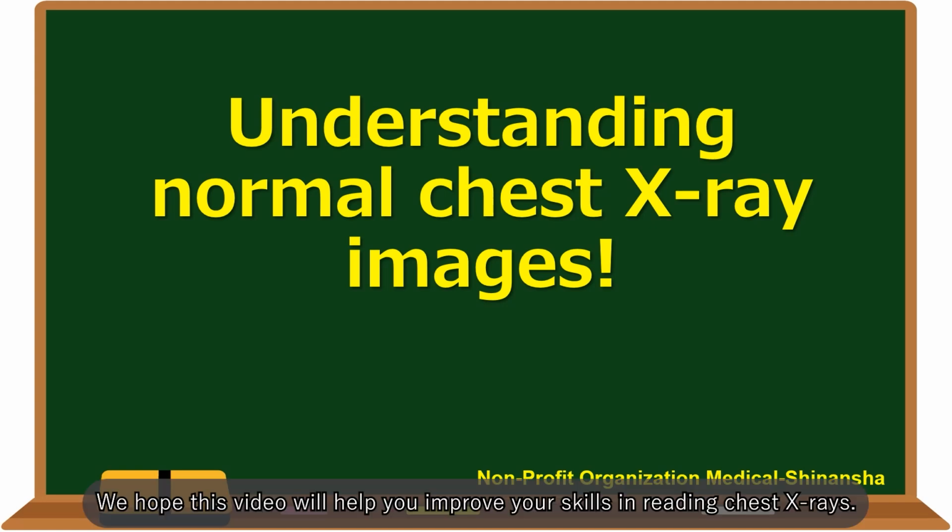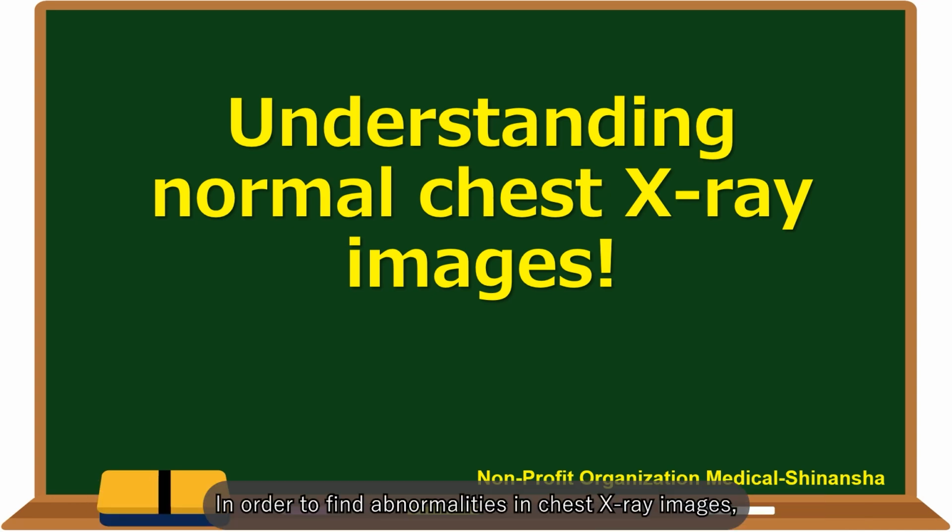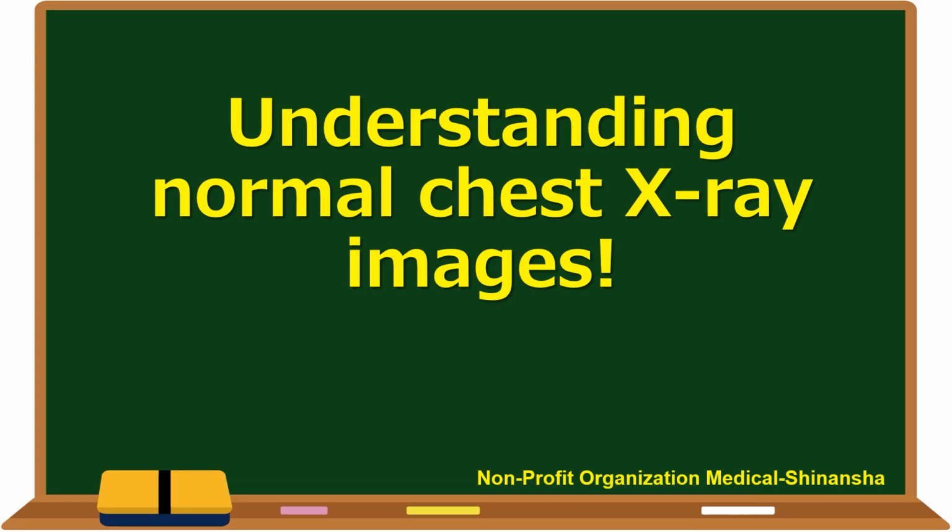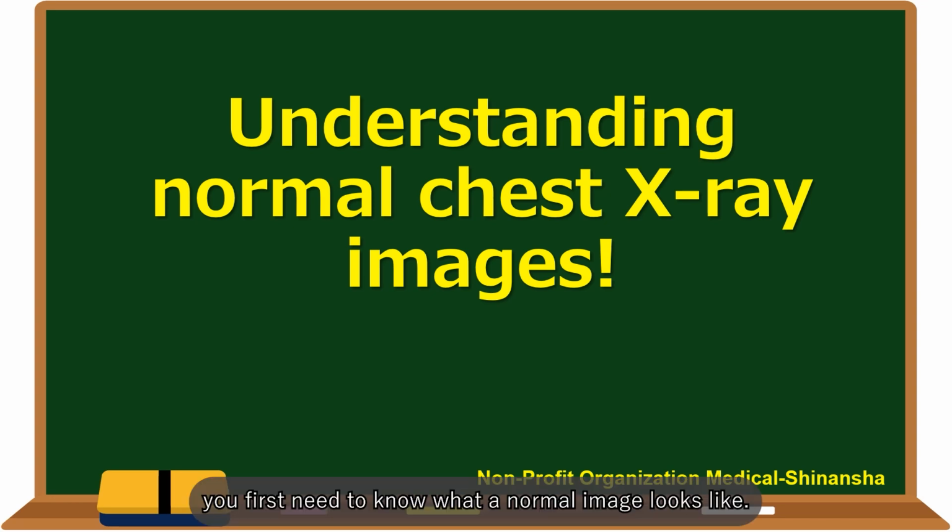We hope this video will help you improve your skills in reading chest X-rays. In order to find abnormalities in chest X-ray images, you first need to know what a normal image looks like. In this video, let's study the normal images.